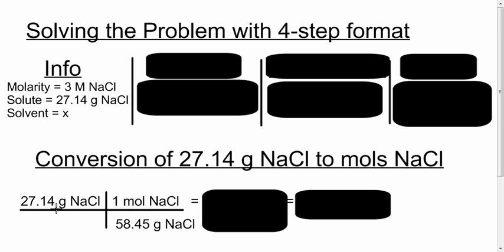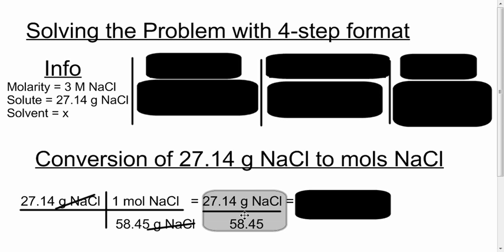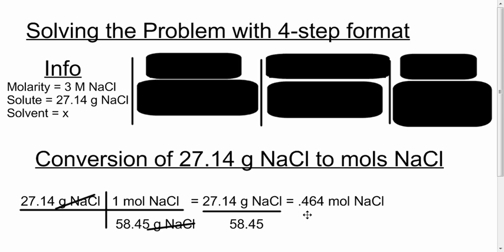I'm going to cancel like units. So those are going to cancel out. And then I multiply across, I get 27.14 grams NaCl over 58.45. I divide it, and I'm at 0.46 moles NaCl.